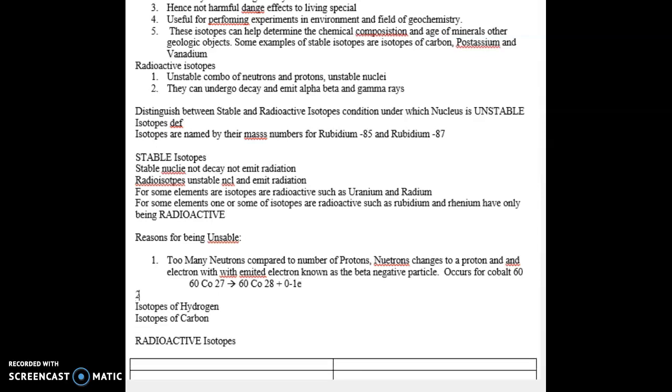Over here there's going to be too many protons for the number of neutrons.